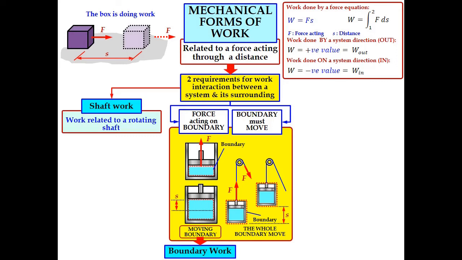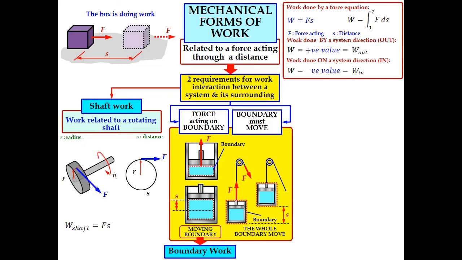Okay, next we have shaft work, which is the work related to a rotating shaft. This figure shows a disc attached to a shaft, and the second figure shows the dimensions of the disc involving R, S, and also the force, where R equals the radius of the disc, S refers to the distance, which for a circle is equal to the perimeter of the circle.